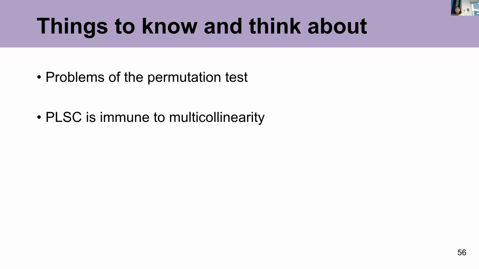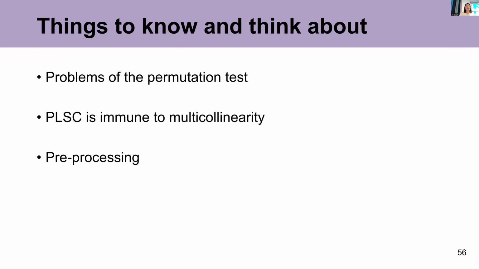Some people I know do a PCA first to get orthogonal components and then put that into CCA. But I would say PLSC is a better alternative because it deals with that for you. It's basically not affected by it.